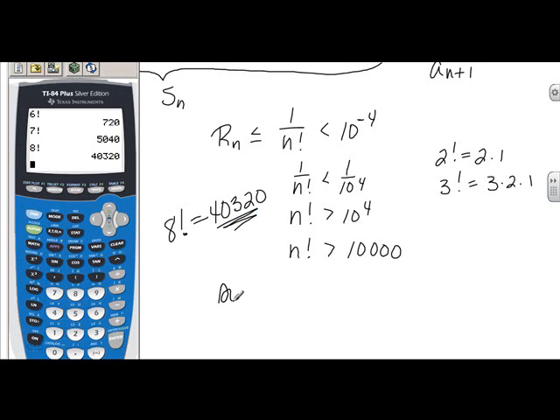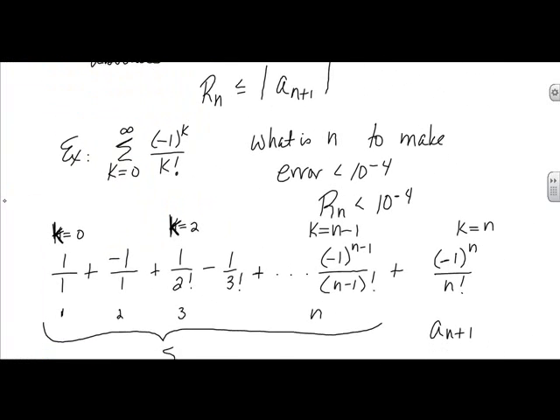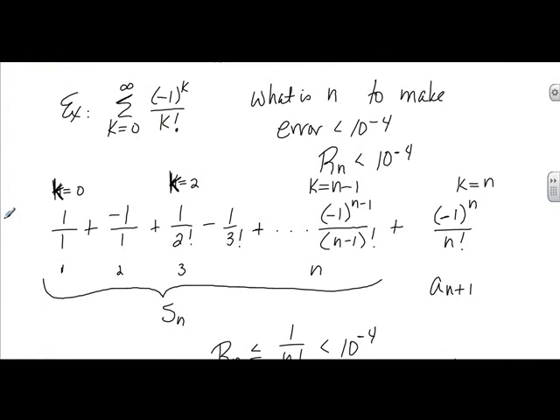So what that tells us is that we need to approximate the value of the series with 8 terms, the first 8 terms, to make sure that the error is going to stay less than 10 to the minus fourth power.